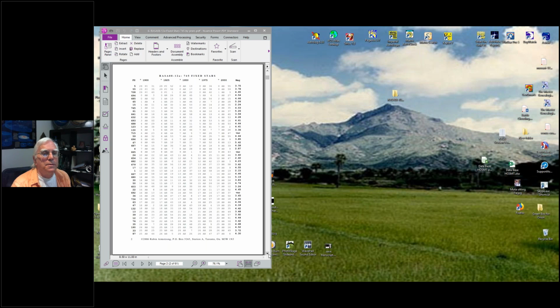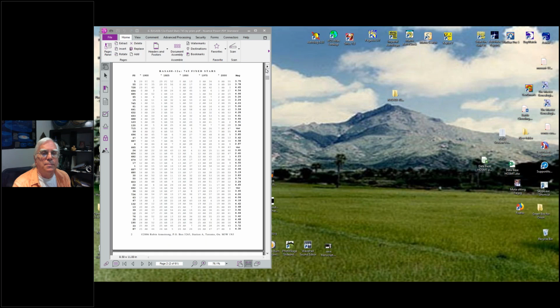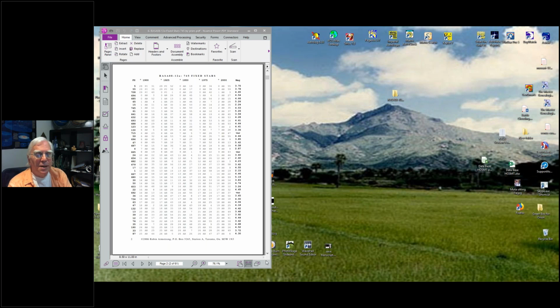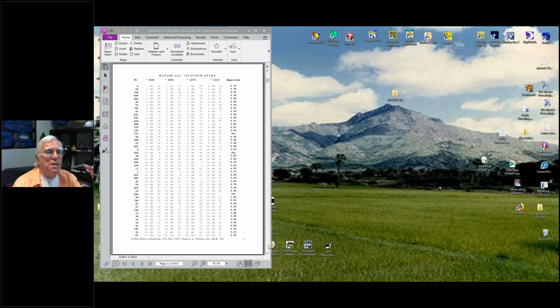Okay, but there's a second page that goes with this. These are big sheets, so I had to cut it down to make it as intelligible as possible. So the next page gives the positions for 2025, 2050, 2075, and 2100. So you follow it down. Same star numbers, okay?